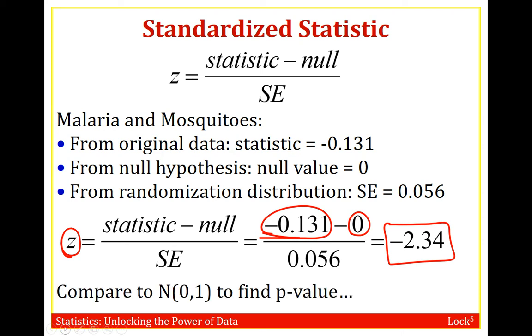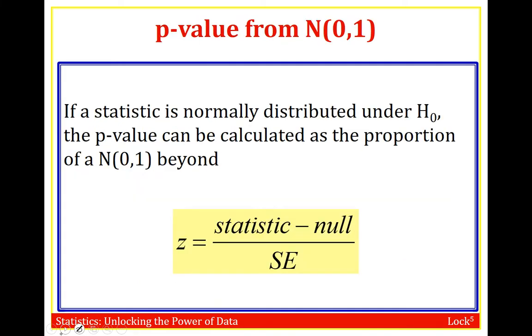It says compared to a normal distribution 0, 1 to find the p-value. Whether I use a calculator or do this by hand, I can make this calculation happen, and I'll show you the picture in a second. It says, and I just want to add, if a statistic is normally distributed under H0, remember H0 is your null, then the p-value can be calculated as the proportion of N(0, 1).